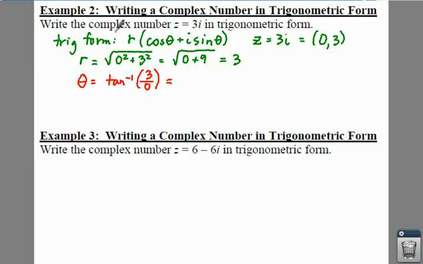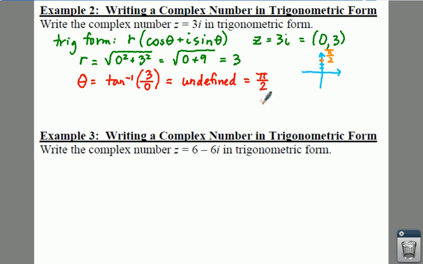If you draw a little sketch of where the point 3i, or just (0, 3), would be on the complex plane, that is just going up 3, right here. At this point, that's pi over 2, which means your theta is going to end up being pi over 2.